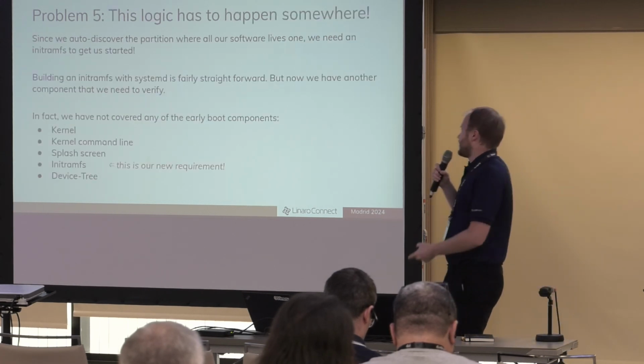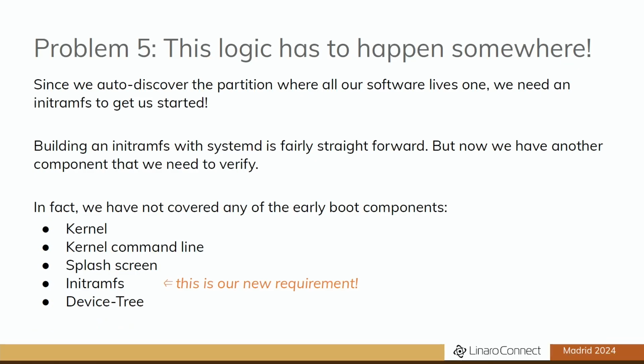Okay, that was easy. Now, of course, we can't just unlock all these partitions and verify this user metadata before we actually run on the system. So we will need some kind of initramfs to do this work for us.